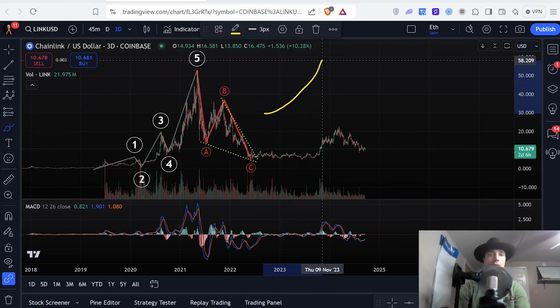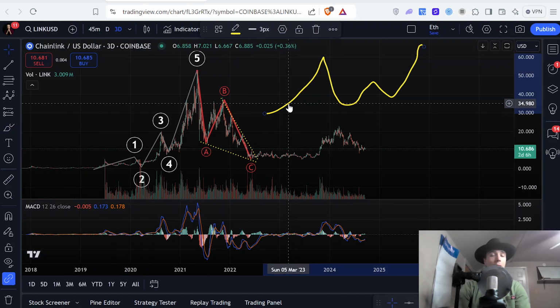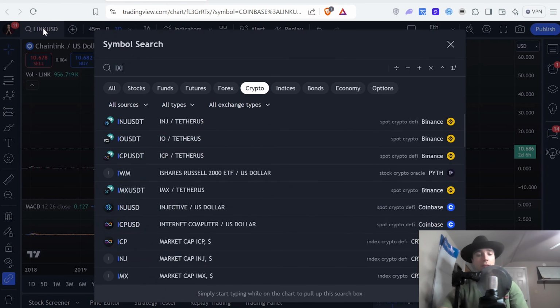You'll get a huge run up in the market, then you'll pull back, and you'll get another little run up, and it will pull back again, and then you start a new bull market, and it looks a lot like this here on Chainlink. And we've seen this over and over again with crypto, but we've also seen it with stuff like the NASDAQ.